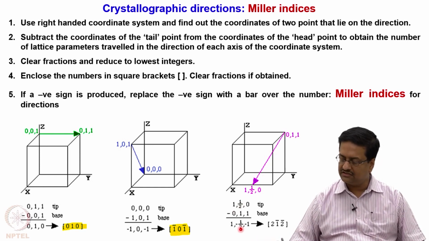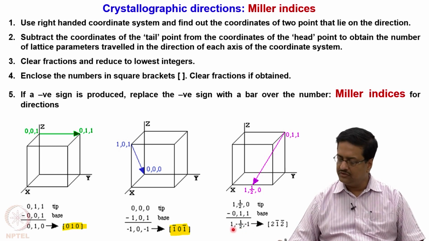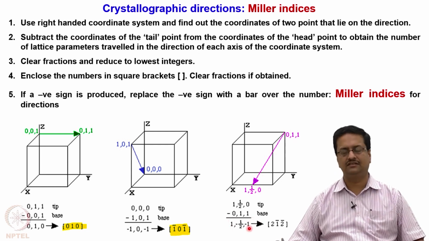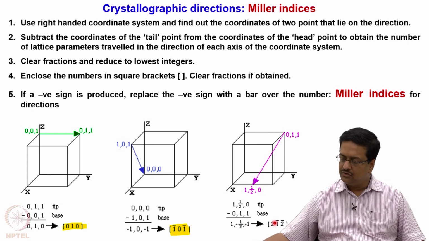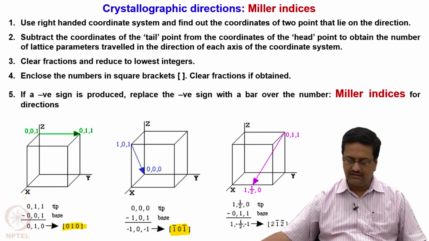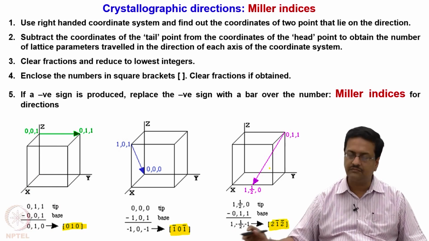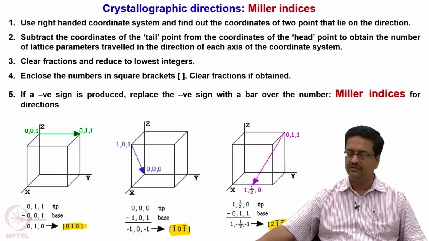On subtraction it becomes 1, minus half, minus 1. So now we have a fraction here, and this fraction has to be cleared. So we multiply these 3 numbers by 2 to remove the fraction. So it becomes 2, 1 bar, 2 bar, and that is the Miller indices for that particular direction that we have seen now.